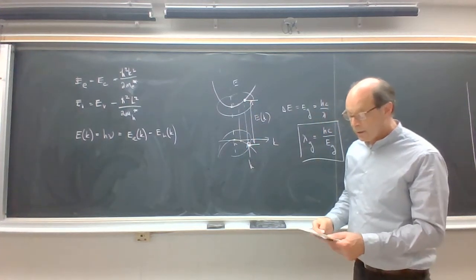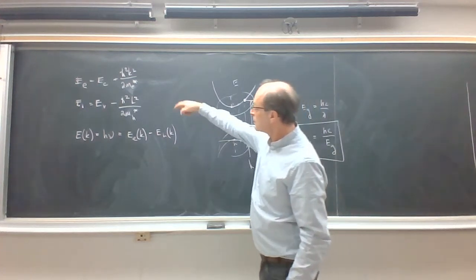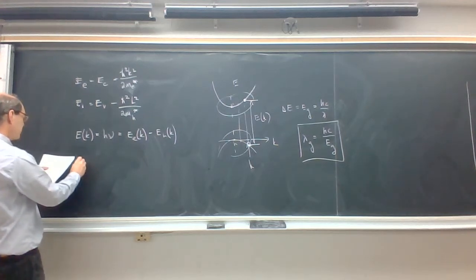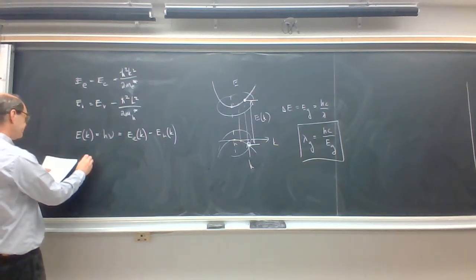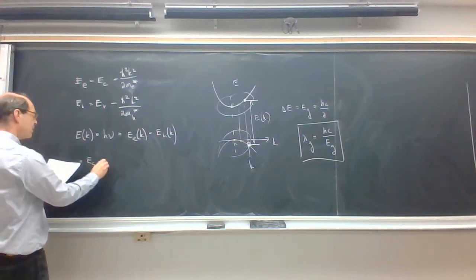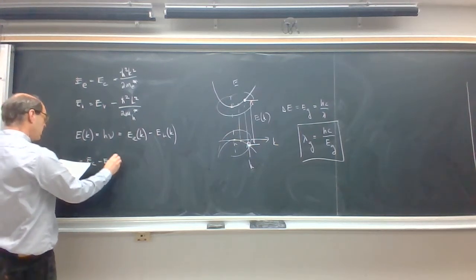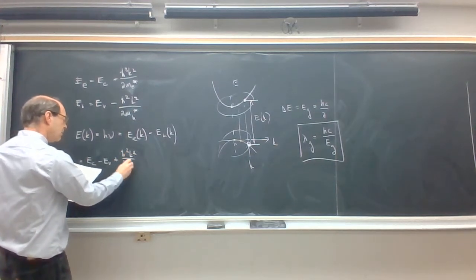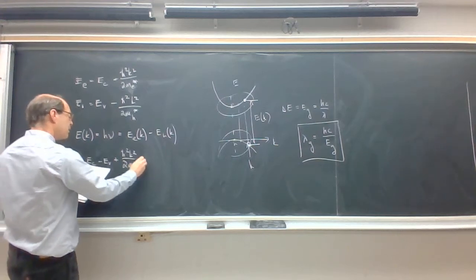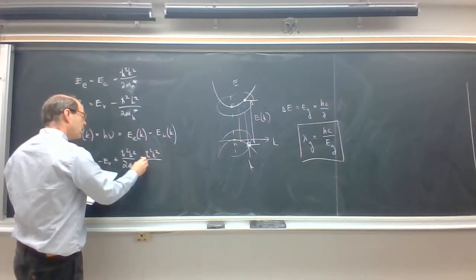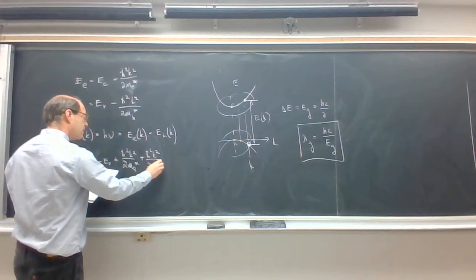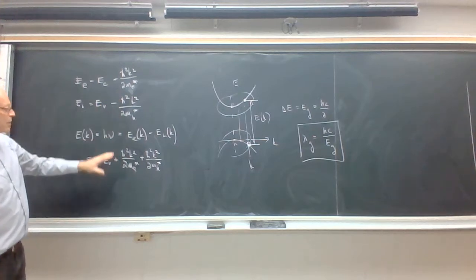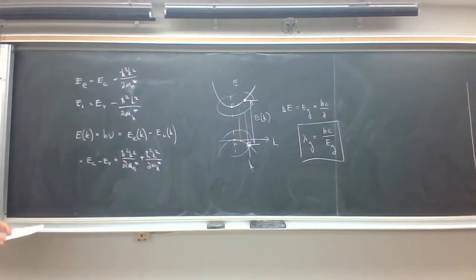Now, if you substitute the shapes of these band structures in here, you can show that this is equal to EC minus EV plus h bar squared k squared over 2 m e star plus h bar squared k squared over 2 m h star. All I've done is taken this term and included it in the expression.